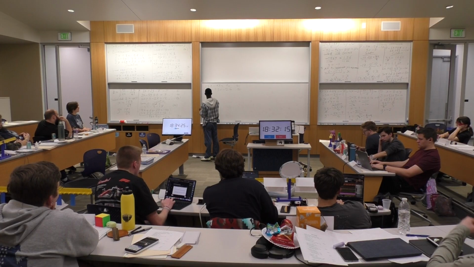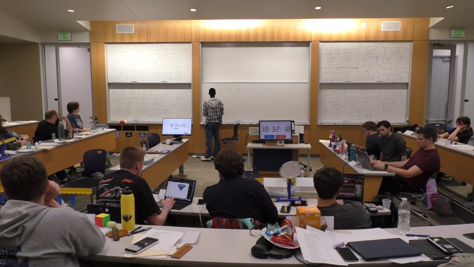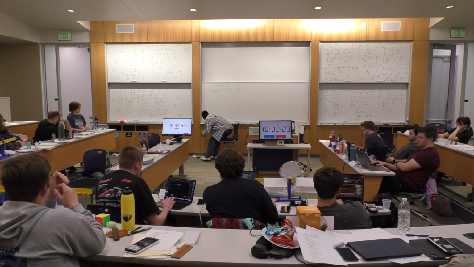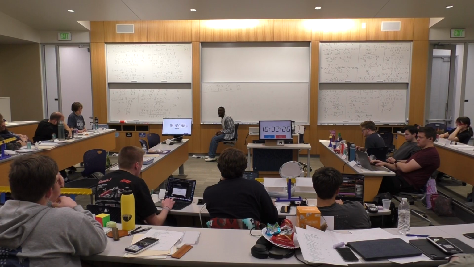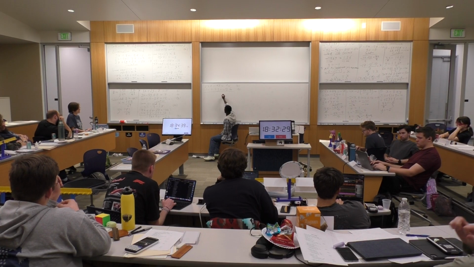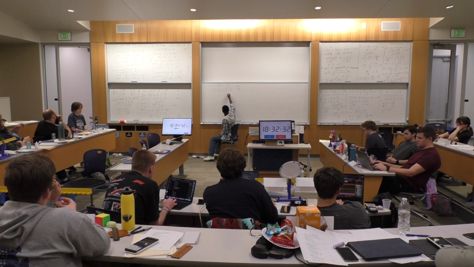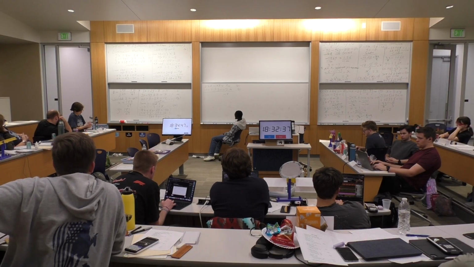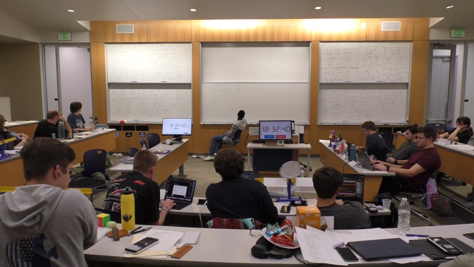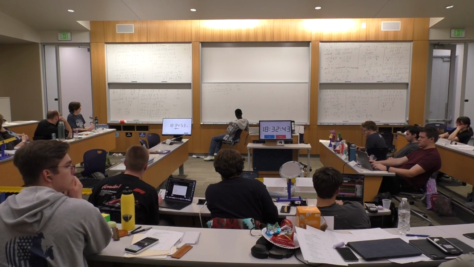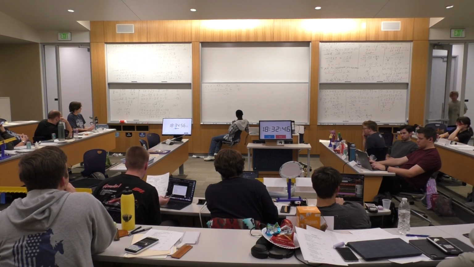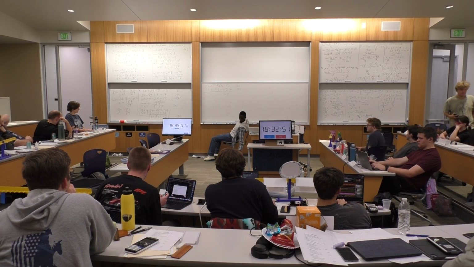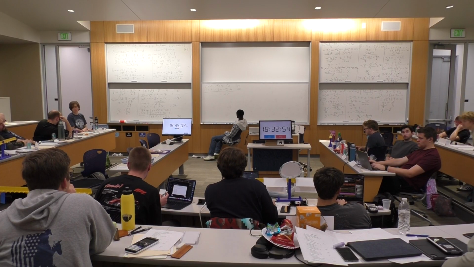So what do we do? We add. When we add, we have 90 minus 26, which is 64.